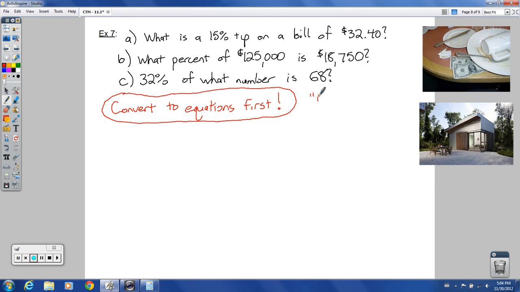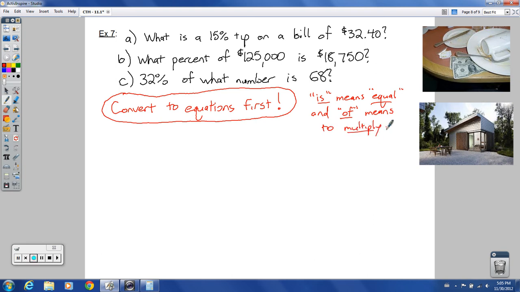When you see the word "is" in the context of a problem like this or problems like these, is going to mean equal. So this goes with this, and you can think of the word "of" as meaning to multiply.